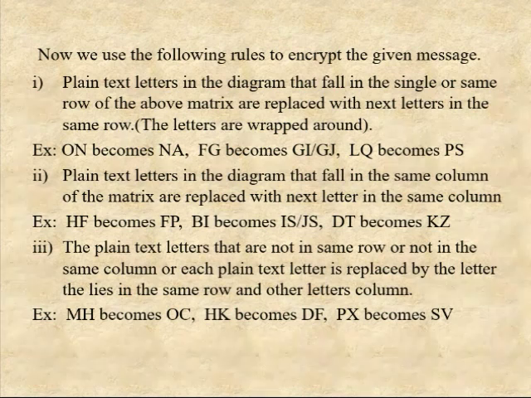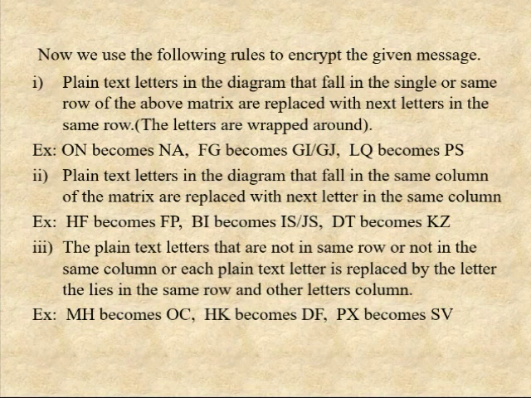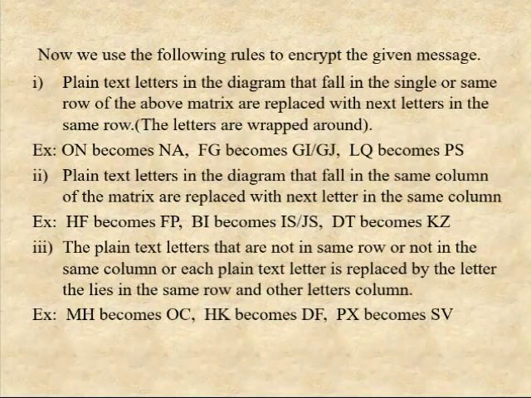For example, ON becomes NA. FG becomes GI or GJ, because I and J share one cell. Another example, LQ becomes PS. This is the same row.